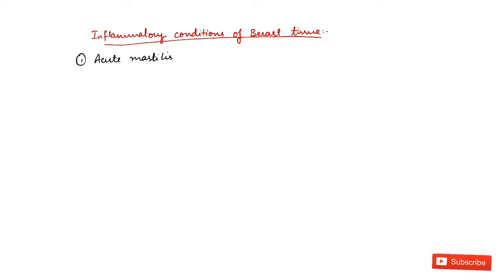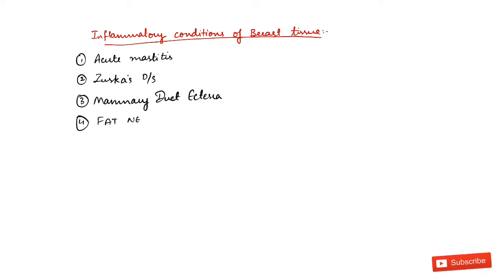And now in this section we are going to learn about the inflammatory conditions of the breast tissue. This section is divided into mainly five parts: acute mastitis, Zuska's disease, mammary duct ectasia, fat necrosis, and lymphocytic mastopathy.